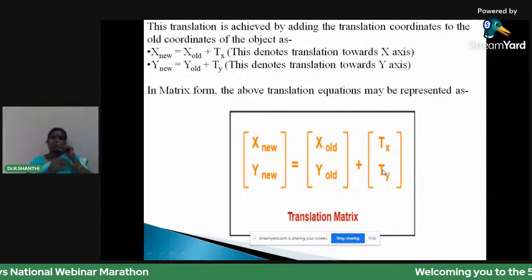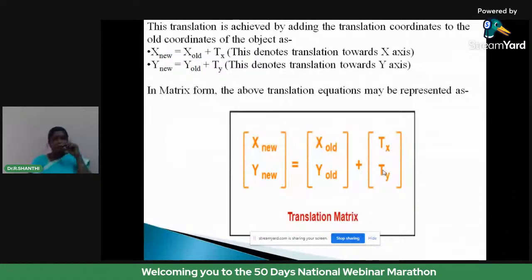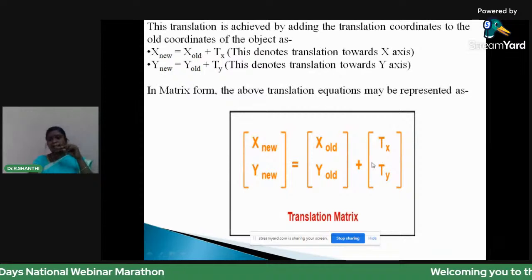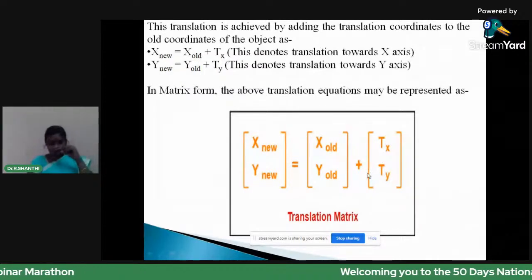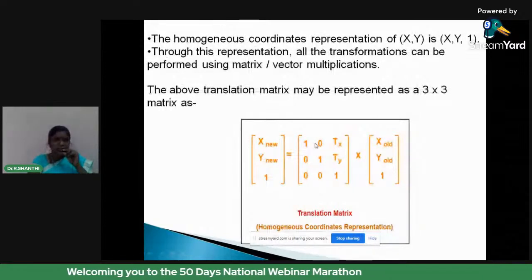In the case of 2D transformations, everything we will represent in the form of a matrix. X new and Y new will be nothing but X old plus the translation factor. This is a homogeneous representation.